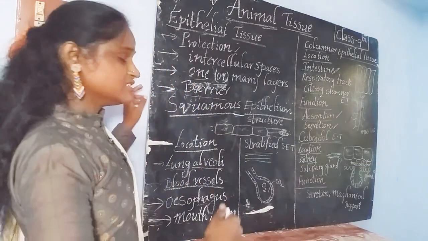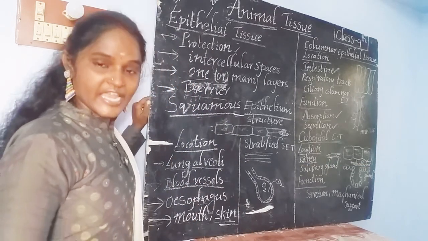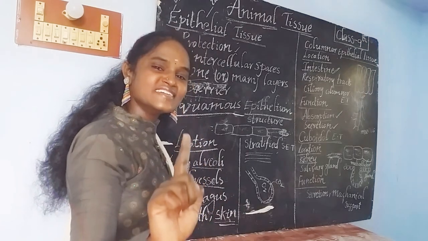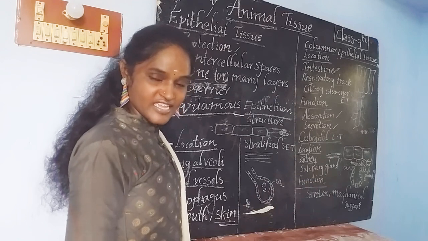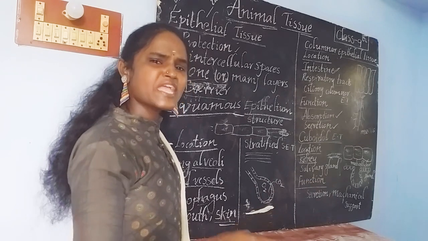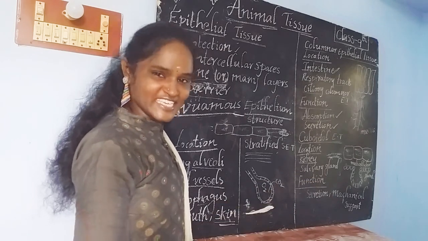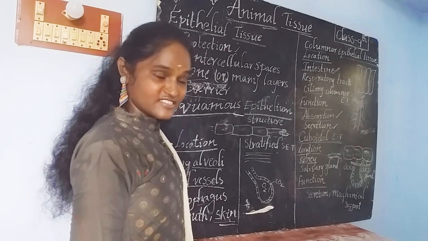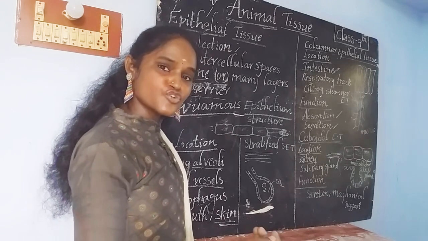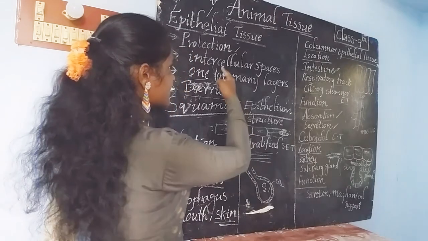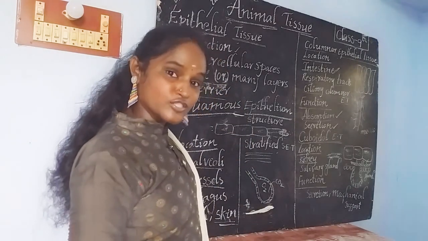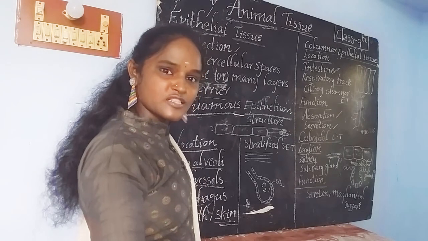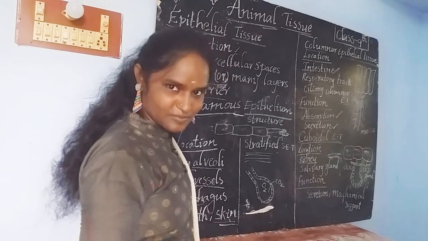In some parts of our body, it is made up of a single layer, and in some other parts of our body, it is made up of many layers. As it does not contain any intercellular spaces, it acts like a barrier, and it is also capable of allowing only certain substances.